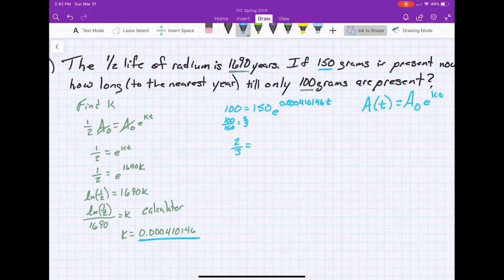So 2/3 equals e to the 0.000410146 t. Again, we're going to use the ln function to get rid of that e. So ln of 2/3 over 0.000410146. But these should be negatives because this is decay.